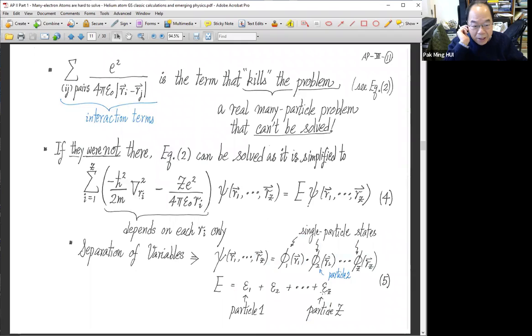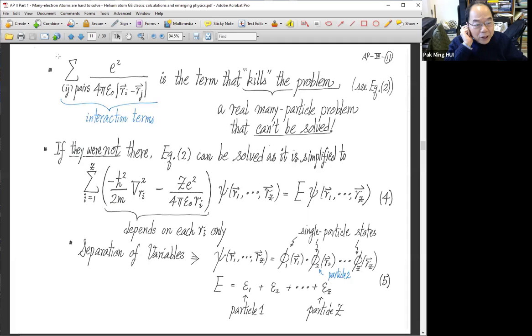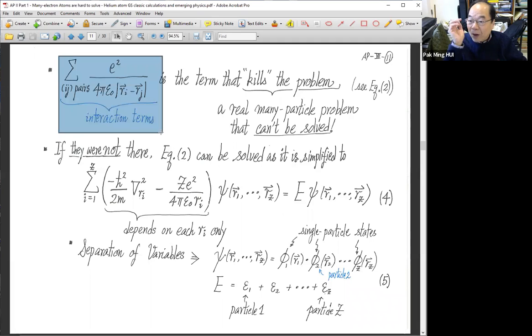So the point I try to make is the following. If this term is not there, the problem is solvable. But if we include this term, the problem is not separable. Therefore, you have to think about some ways to approximate it. Very difficult to do.